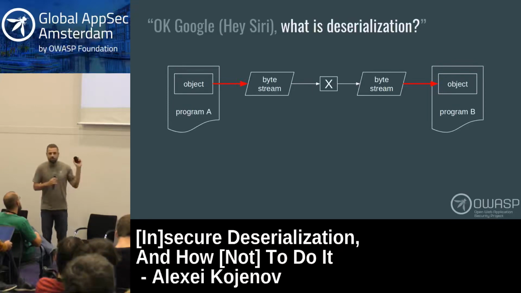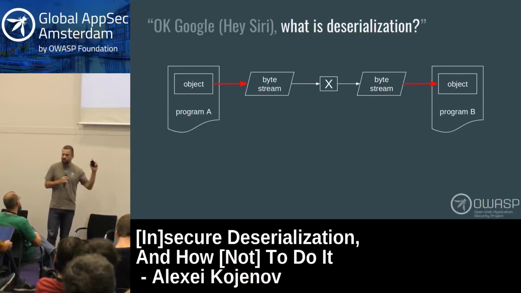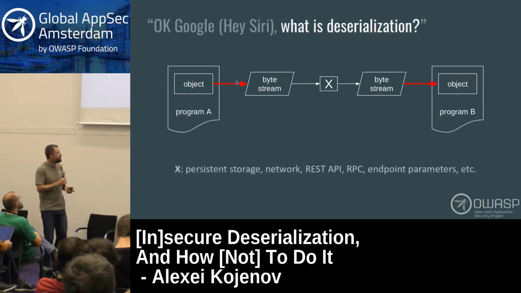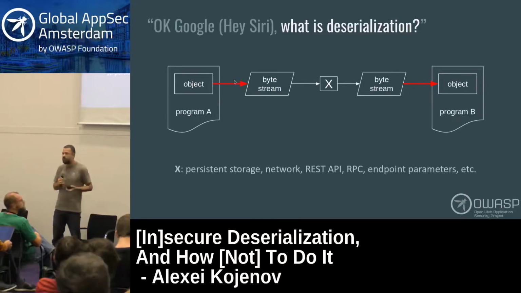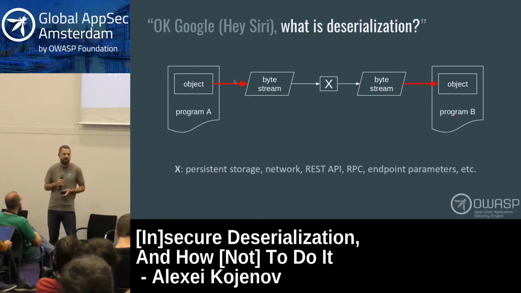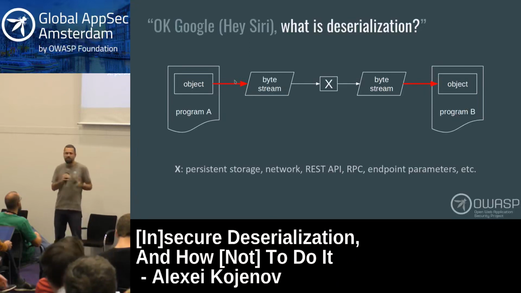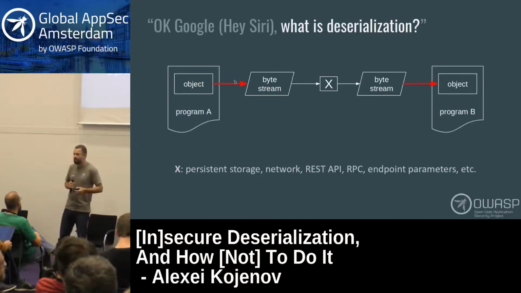So the first process is called serialization, and the second process is called deserialization. And your channel can be anything. It could be local storage, it could be network transfer, REST API, parameter, whatever, where you can push the bytes, that's where you can push that object.